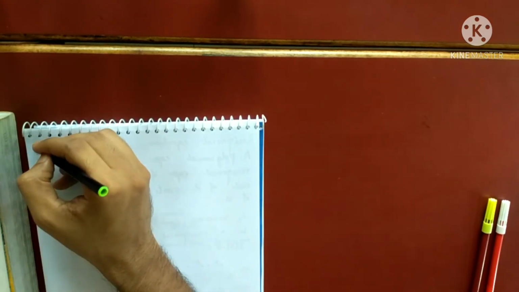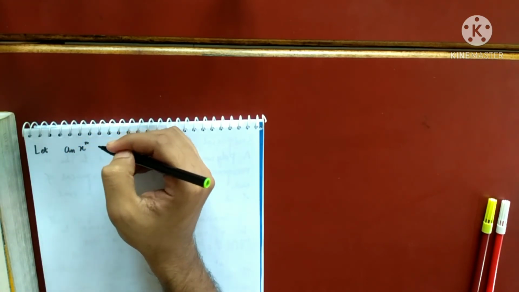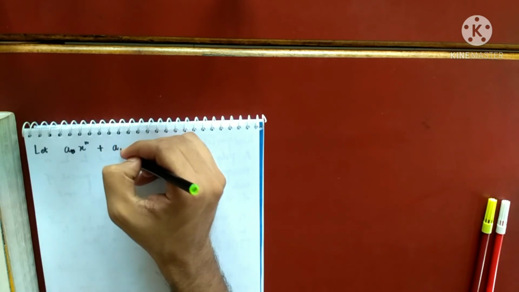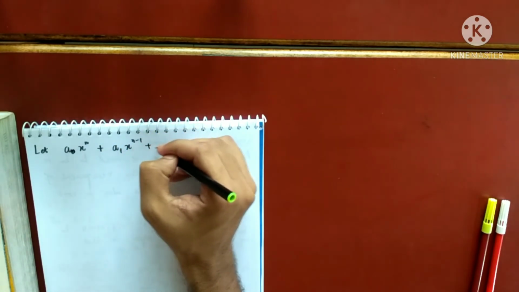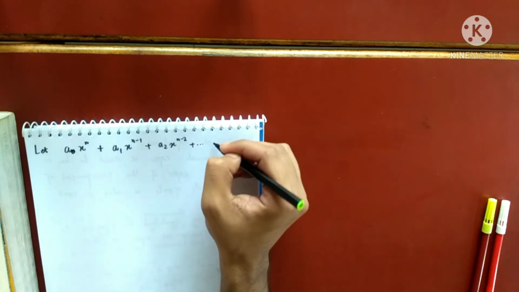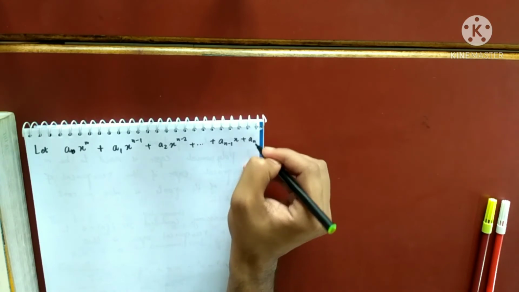So now you see what I'll do. Suppose this is some polynomial, a0 x to the power n plus a1 x to the power n minus 1 plus a2 x to the power n minus 2 plus dot dot dot. The second last term is a n minus 1 x, the last term is a n equals to 0.